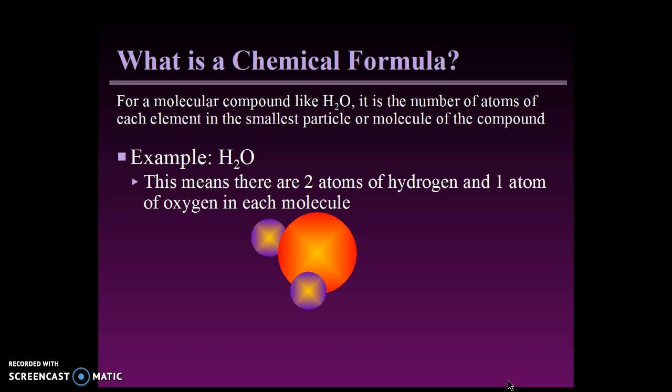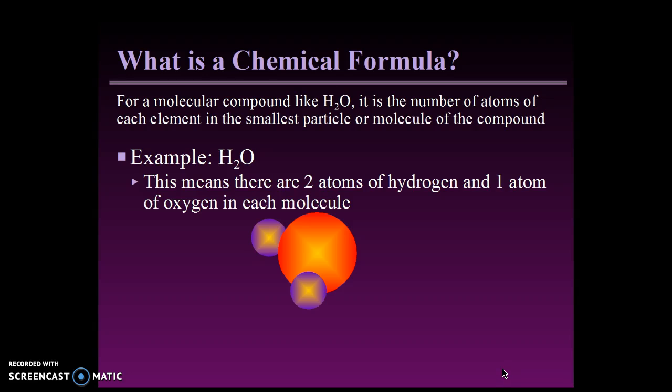What is a chemical formula? For a molecular compound like water, H2O, it is the number of atoms of each element in the smallest particle, which we call a molecule. The smallest particle or a molecule of the compound.